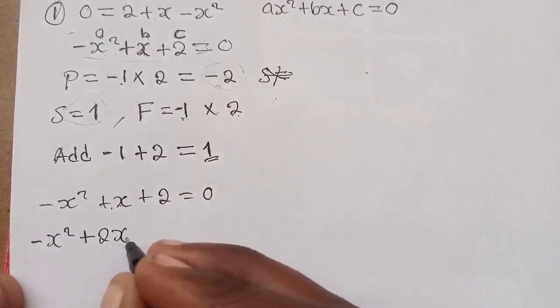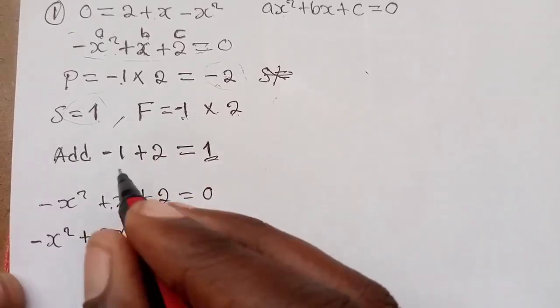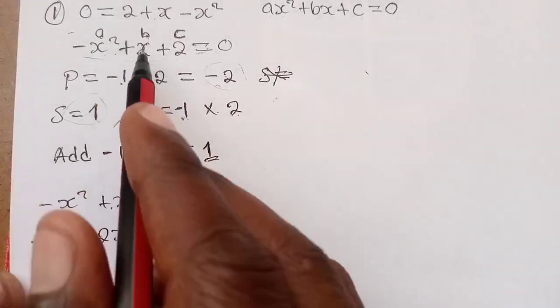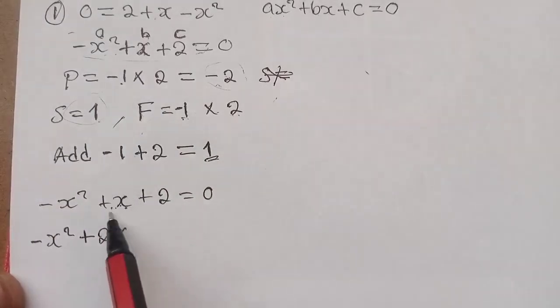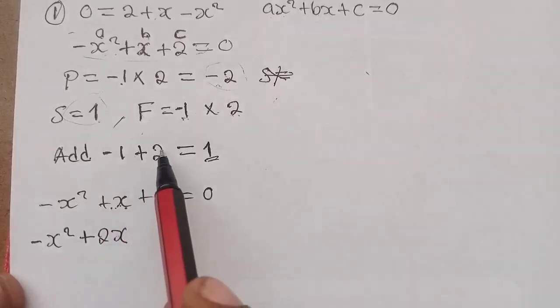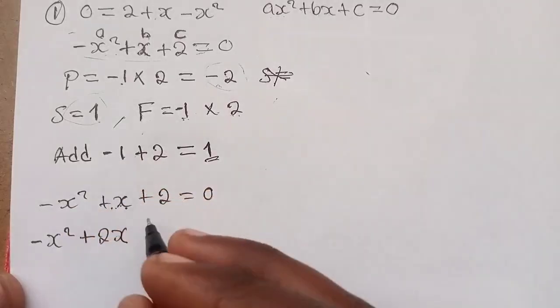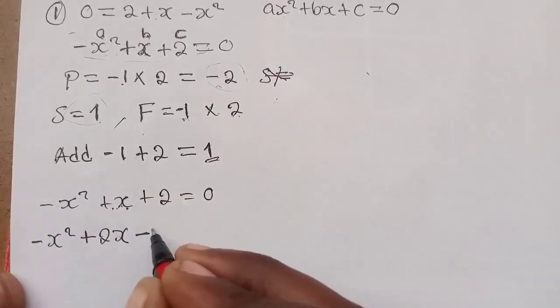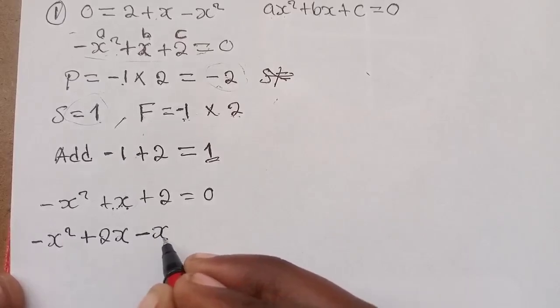You get the letter x and just replace it with the factors. Here we also have negative 1, so negative x, not negative 1x, but negative x, like that.